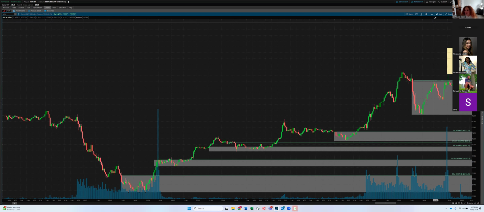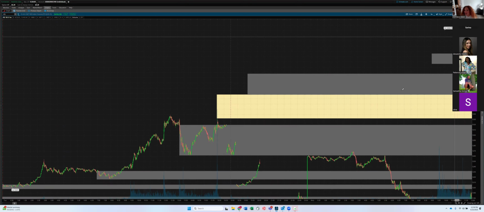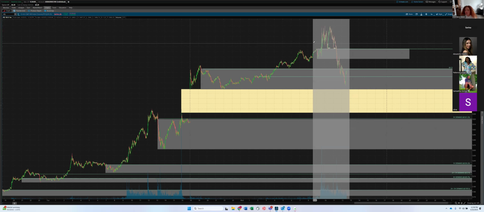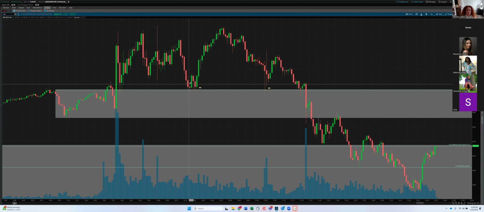A perfect example of that is what we had today from this 30-minute level, right? So this was the 30-minute demand that I traded. But once price broke this demand, you see how it came back up here to the zone? And this is what can happen a lot. It'll come back up to the zone, and that bottom of the zone now turns into support and resistance.